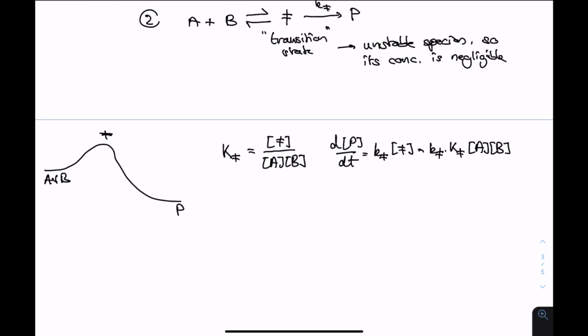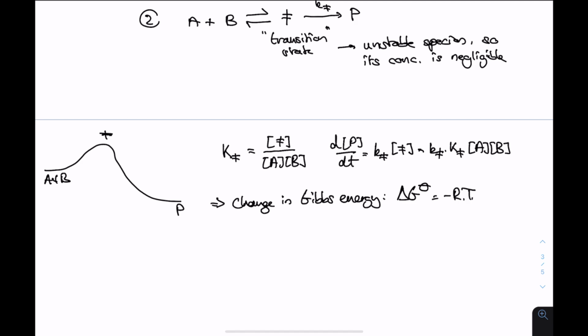Okay, so the change in Gibbs energy delta G naught is minus R times T times ln K. Okay, so that is the Gibbs energy of activation.